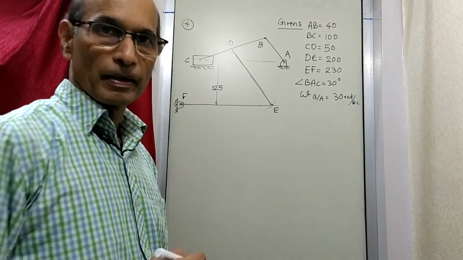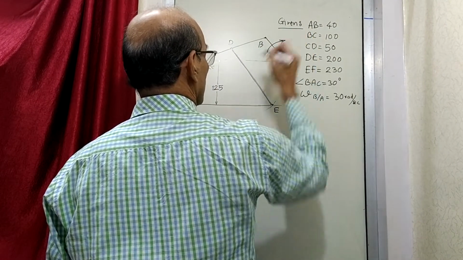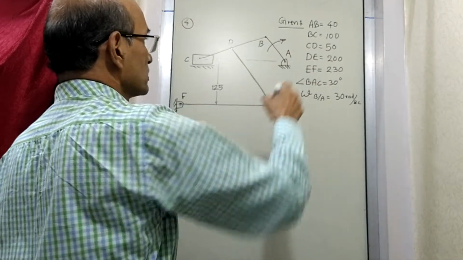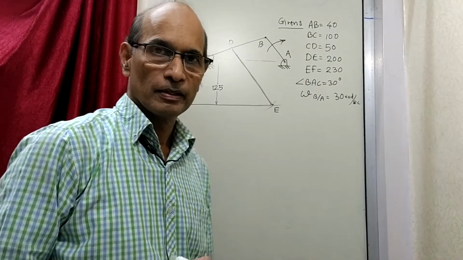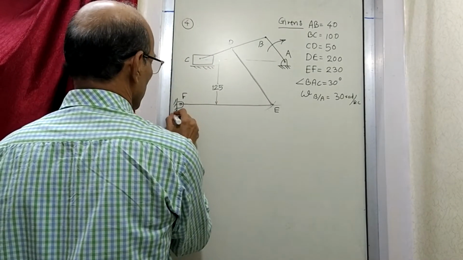Okay, so this is the mechanism that is given. Direction is like this. So all the links are given, and then we are asked to find out so many different things which are right here.